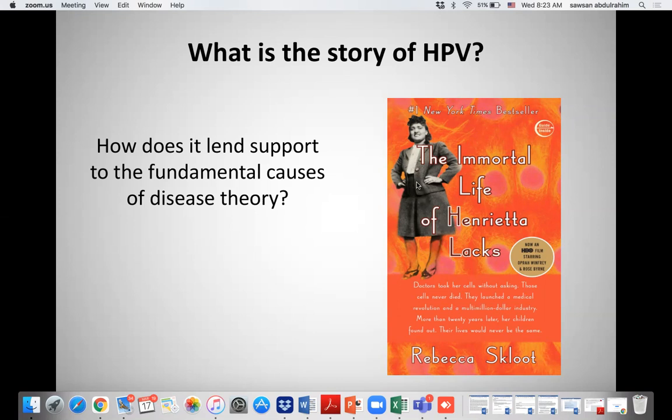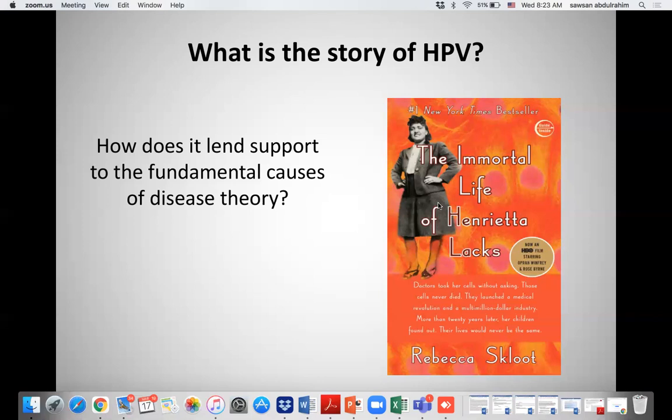Henrietta Lacks was a woman who had cervical cancer because she was infected with the human papillomavirus that developed into cervical cancer. She lived in poverty and was exposed to this infection through sexual contact. In fact, it's her cervical cells, taken from her cervix, that were grown in labs in the US and in different parts of the world.